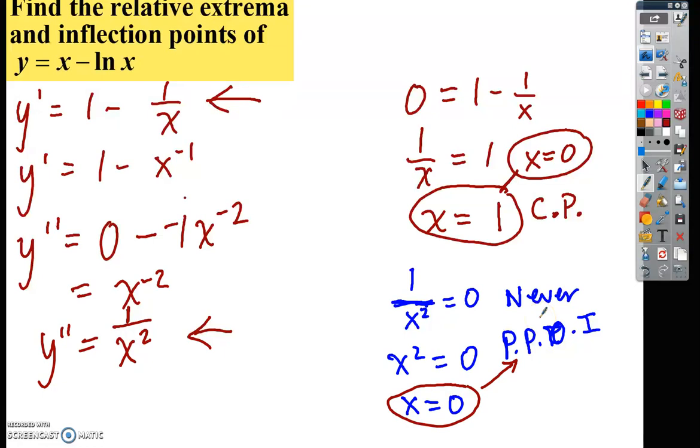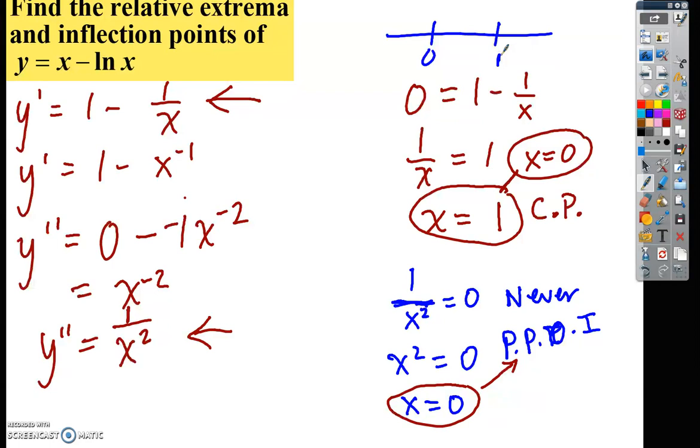And so we need to check our extrema. We can use a first derivative test. 0 still doesn't work here. 1 over 1, so that's 1. It's positive, which means it's a max. Or we can do our sign line test. 0, 1, checking if the slope is increasing or decreasing.